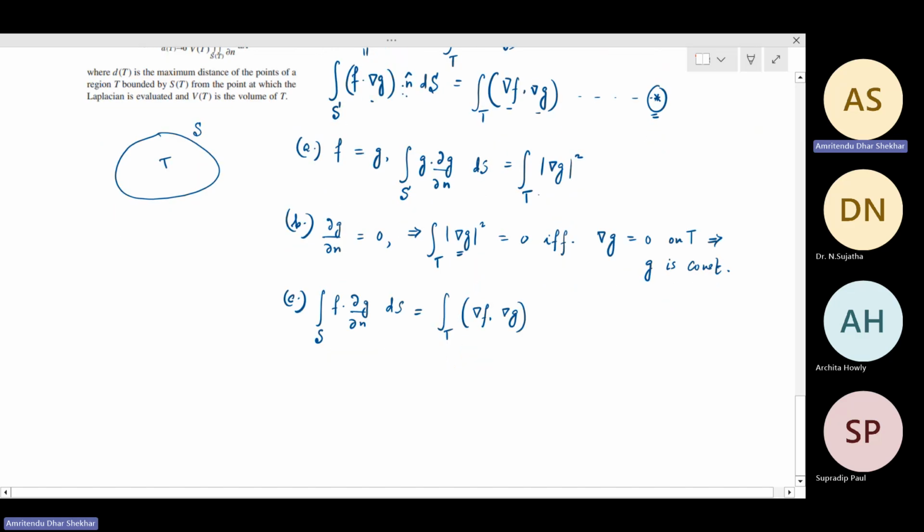Now, if you interchange f and g, you get the integral of g times del f upon del n ds is equal to the integration of grad g times grad f, which is just the same as this thing. And therefore, we get the identity.